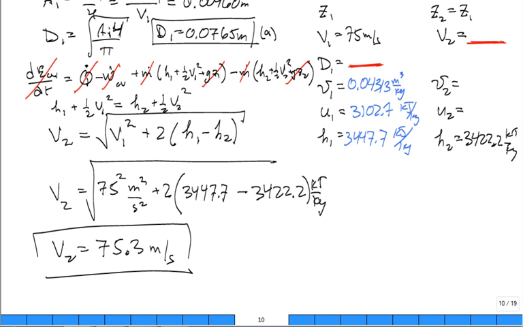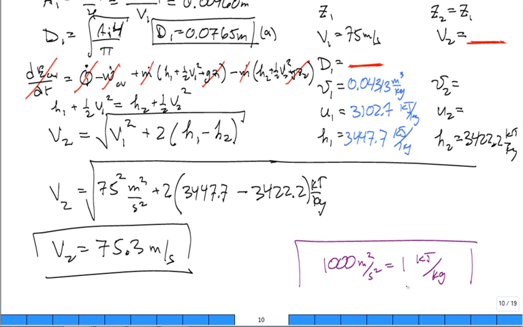After you do a few of these unit conversions, you know the easy way to write it. But 1,000 meters squared per second squared is precisely 1 kilojoule per kilogram. Did I prove that to you already? It's easy to prove, but let's just use it. So we'll do this. I want to get rid of kilojoules per kilogram. So I have to have 1,000 meters squared per second squared.